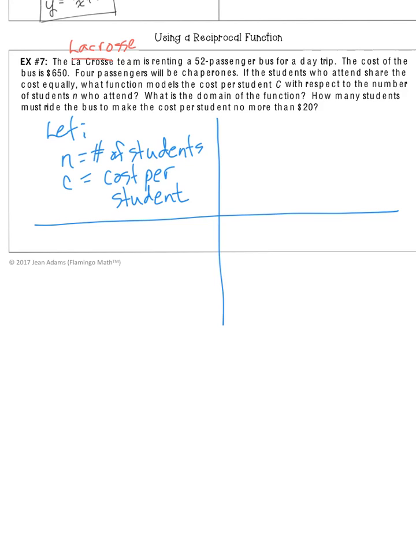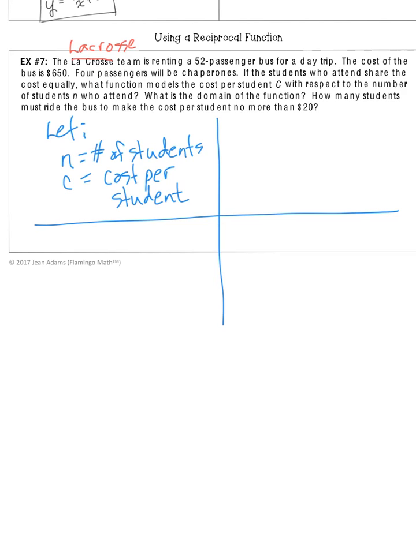All right, so a couple of things that are important. If you were to figure this out, the easiest way to write your equation would be to figure out if I knew all the information, which I kind of actually do. The only thing I don't know is how many students are actually going, but I do know it's going to cost $650 for the bus. The chaperones are not going to be paying any cost for the bus because they're volunteering their time.